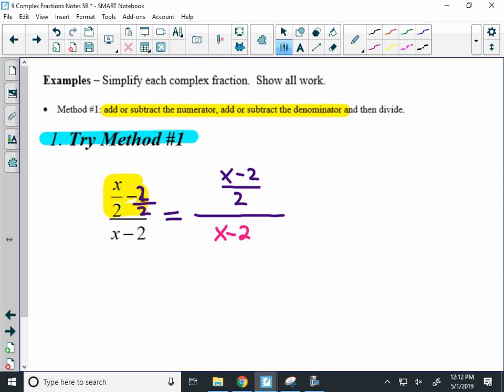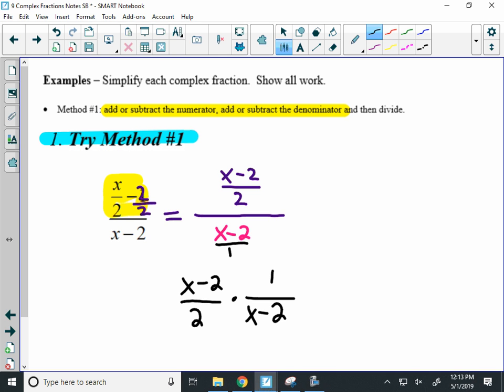What happens when I divide fractions? You take the top one, the numerator stays the same. So you have x minus 2 over 2, and you have to multiply by the reciprocal of the second. Well, the bottom one here is really x minus 2 over 1, right? So what would be its reciprocal? 1 over x minus 2.